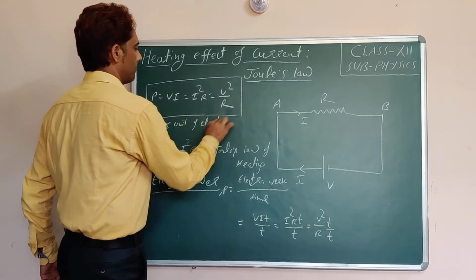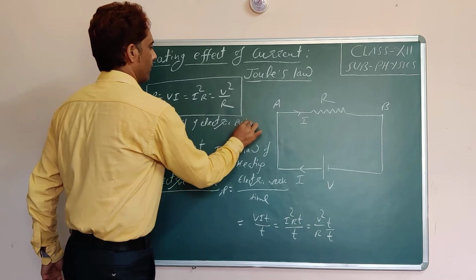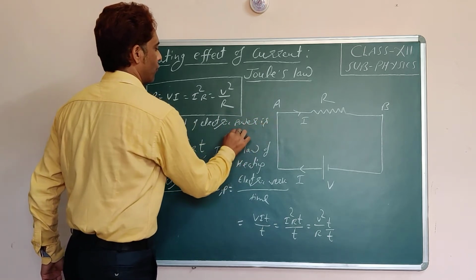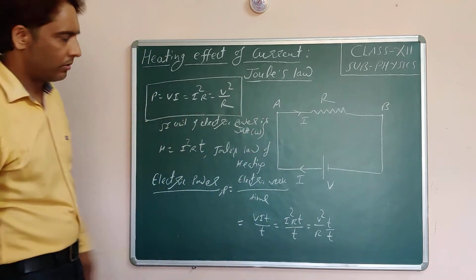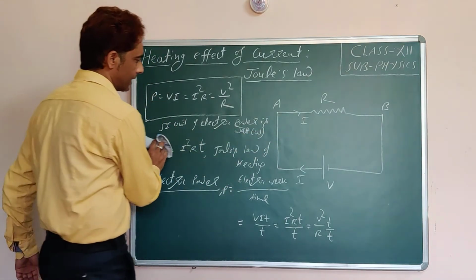The unit of electric power is watt, or you can also call it joule per second.